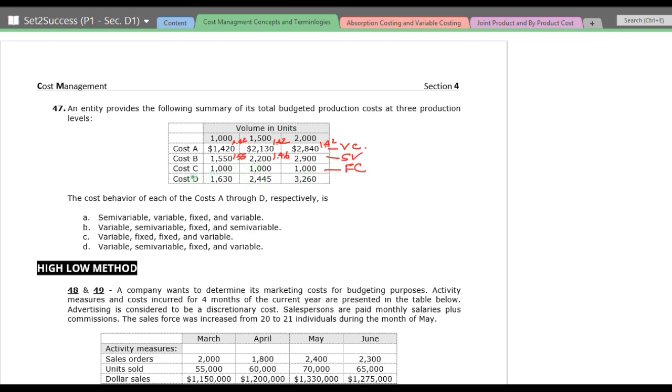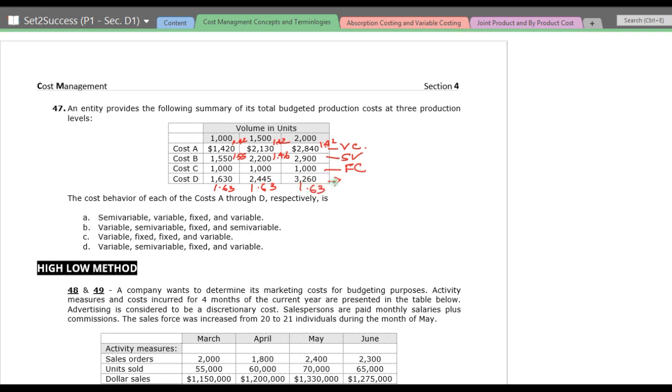Now, cost C is a fixed cost, and let us find what cost D is. 1,630 by 1,000 gives 1.63, 2,445 by 1,500 gives 1.63, and 3,260 by 2,000 gives 1.63.